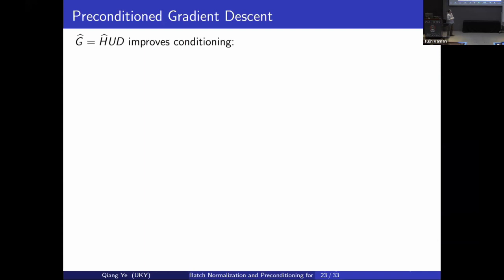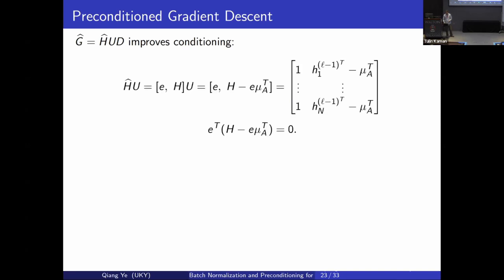Okay, so why is this transformation good? We're going back to numerical linear algebra now. We're going to show this actually improves the conditioning of that H hat matrix. First, what the U matrix does to the H hat matrix is really just subtract the mean from each Hi.